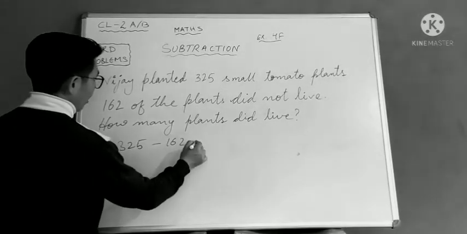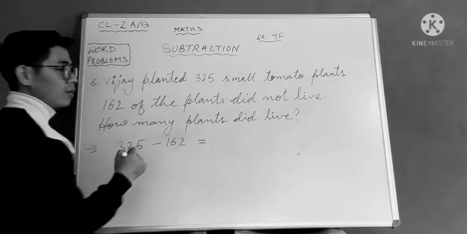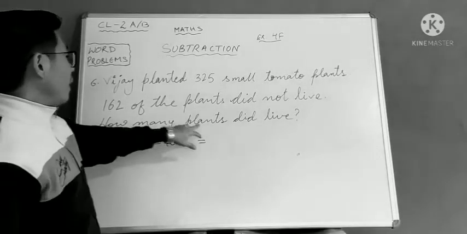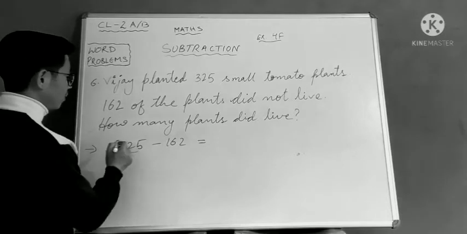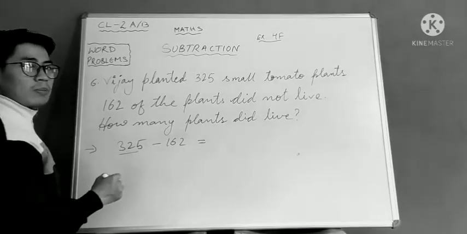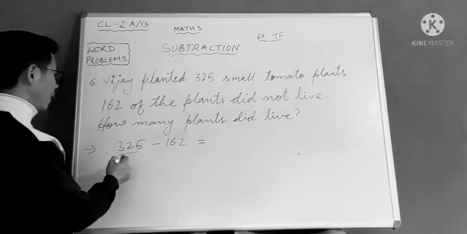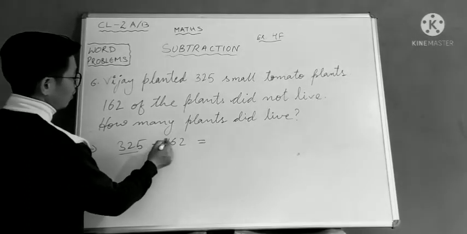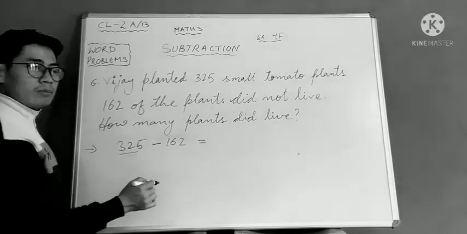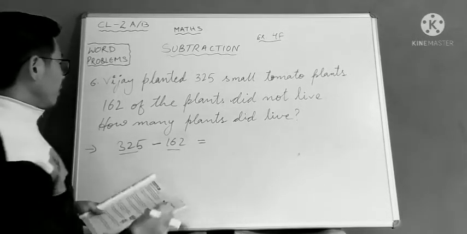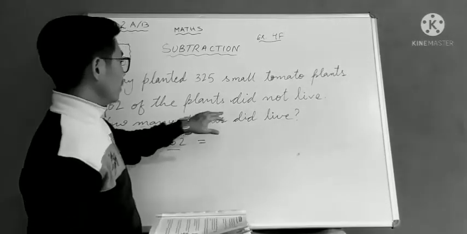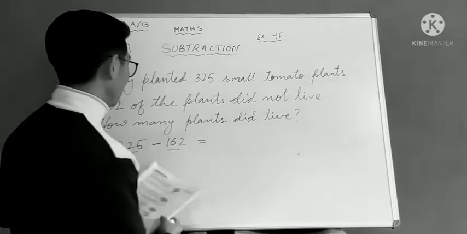Now, how many plants did live? So these are the total number of tomato plants that were planted, and 162 of them did not live. Okay. Now how many plants did actually live?